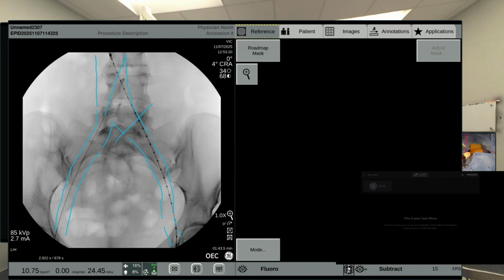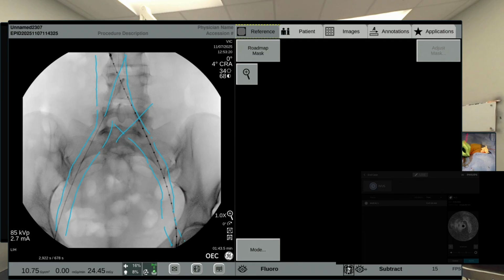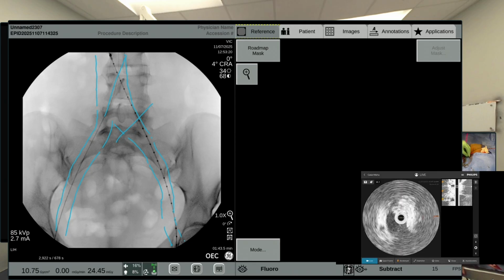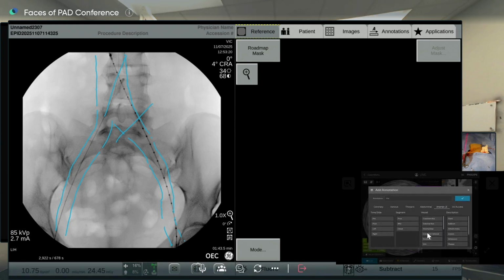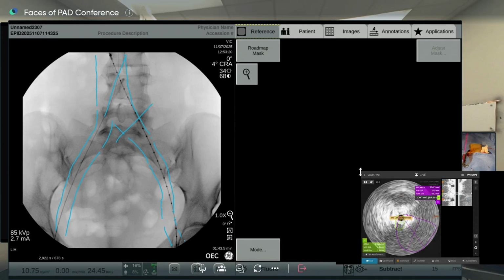So unfortunately, you can't really repair this particular lesion with a single stent. The stent will be too high and possibly compromise the right iliac venous system. So we're going to go ahead and IVUS the right side now to look at that area.